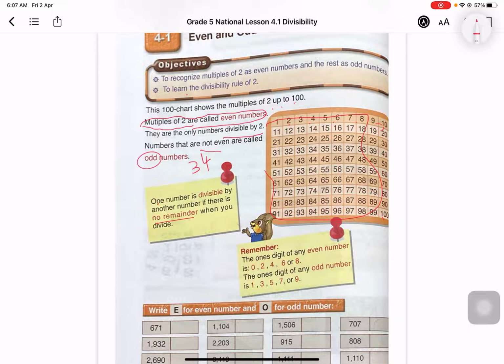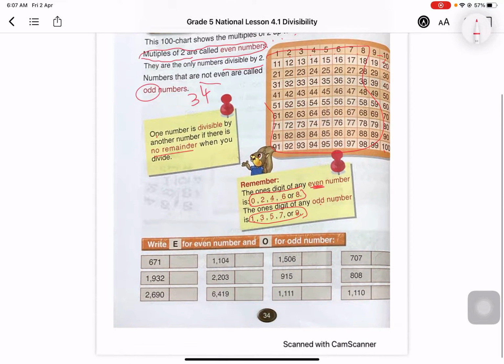Now, I said you need only to memorize these numbers. Memorize these. 0, 2, 4, 6, 8 are even numbers. 1, 3, 5, 7, 9, these are what? Odd numbers. Let's go to this part of page 34. They said write E for even numbers and O for odd numbers.